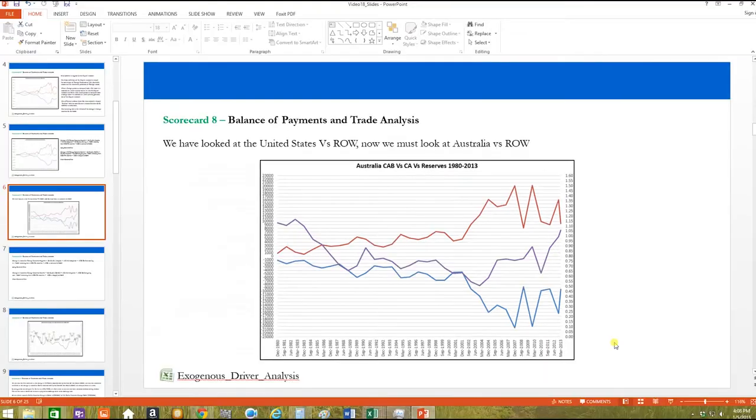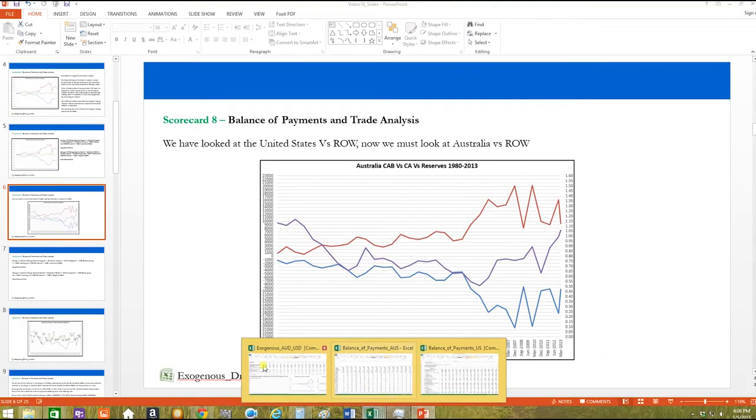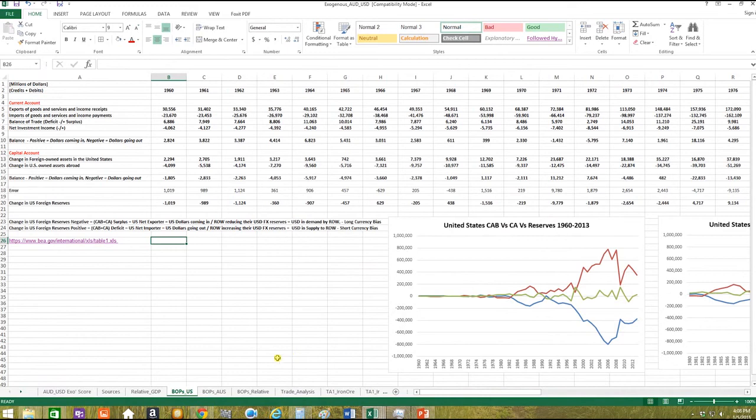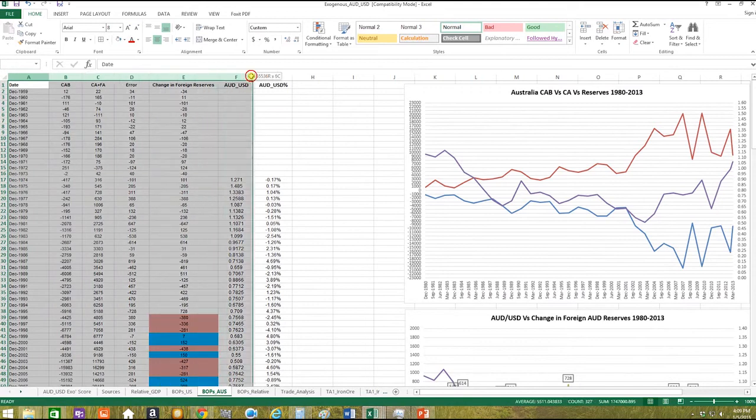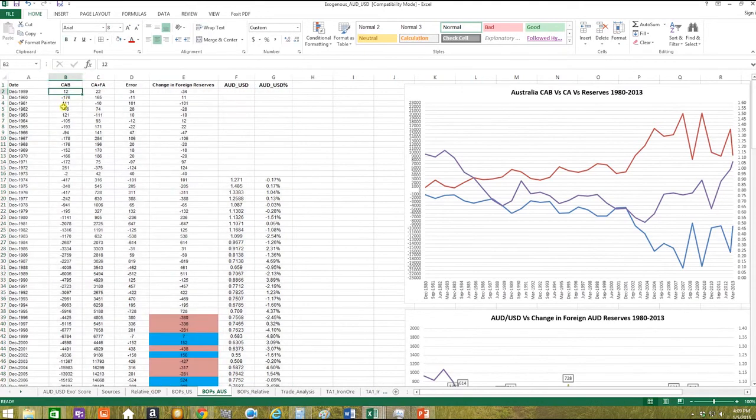So let's go over to the spreadsheet now. If you go into the exogenous spreadsheet and click out of balance of payments US and click into balance of payments Australia, you'll see that we have a whole bunch of data here. In column A, we have the date, and we're going up again by years.